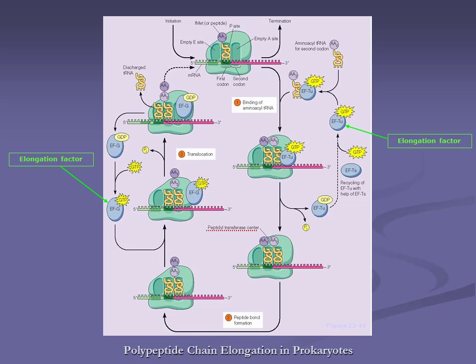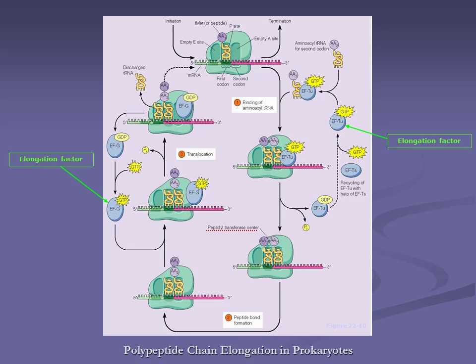So this elongation factor G, I like to say G for go, elongation factor G comes in and it wants to move into that A site area, so it kicks the transfer RNAs over one spot. And because of the energy stored and the energy released, it's able to slide the ribosome or slide the messenger RNA, however you want to look at it. That energy causes the ribosome to move.